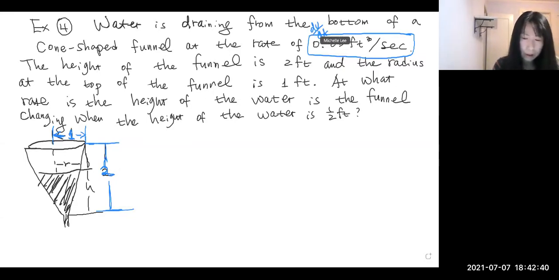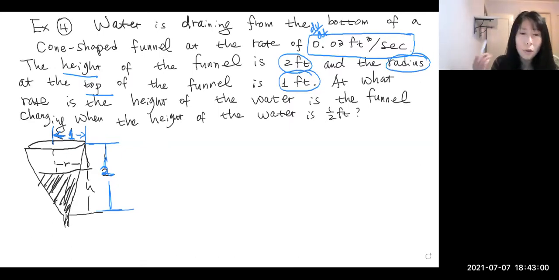Then we already labeled the height, right? And then we already labeled the top of the funnel. Funnel is 1 foot. Okay, the radius, I'm missing that. So here we're gonna use the volume of the cone, right circular cone, and also similar triangles.